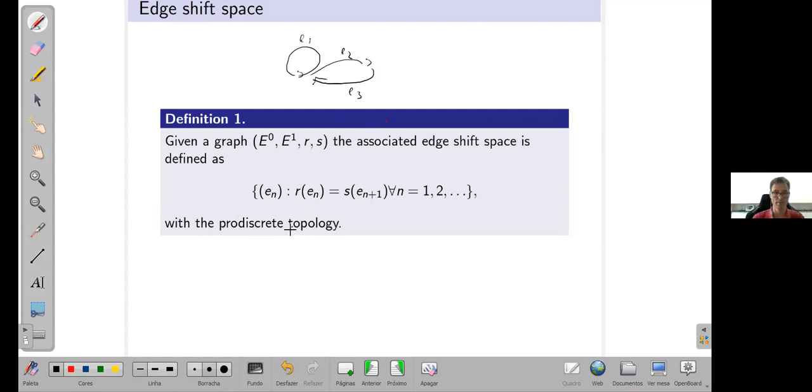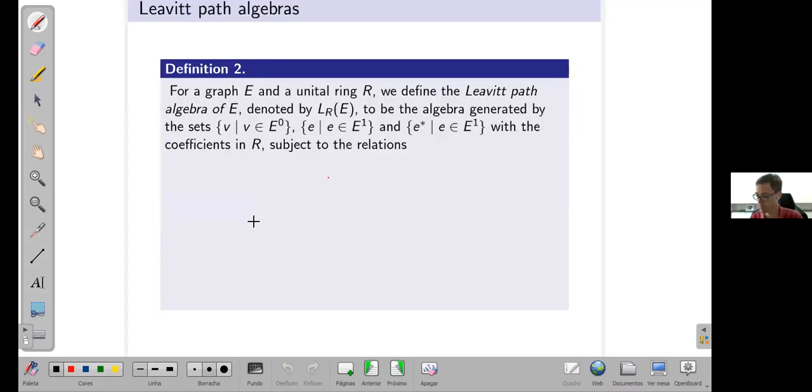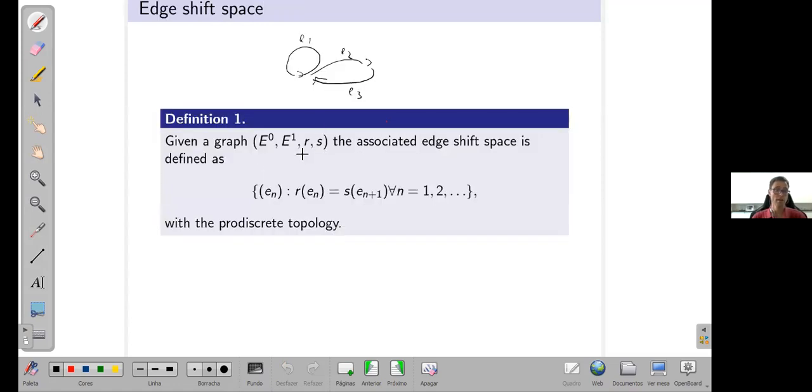So I already mentioned this. That's the usual definition when you have a finite graph. When you have an infinite graph, then you have options for the topology, as we'll see in a few minutes. Okay. So I already told you how to associate a topological space to a graph.